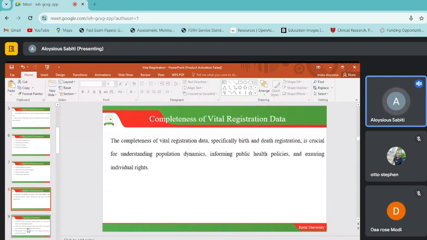So if you did those measurements and you do not have the person's height, you don't have their weight, you don't have their Z score probably like that, then that missing information is going to make it very hard for us to understand the population dynamics.